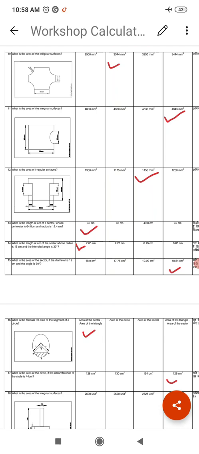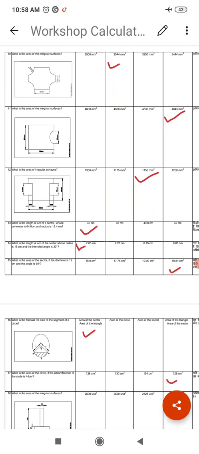Next, what is the area of irregular surface? Another figure is shown in this question. Its answer is 1150 mm square, option C. Next, what is the length of arc of the sector whose perimeter is 64.8 centimeter and radius is 12.4 centimeter?